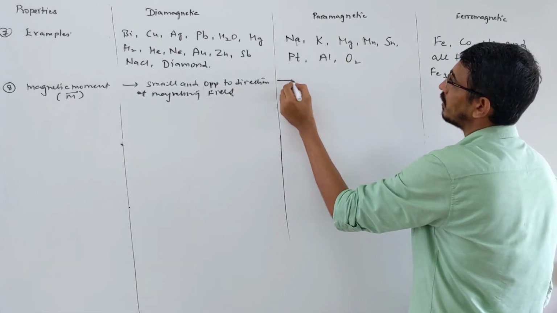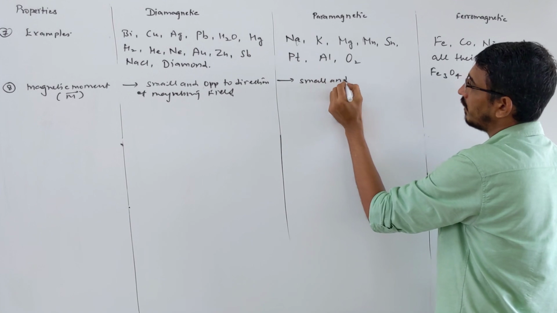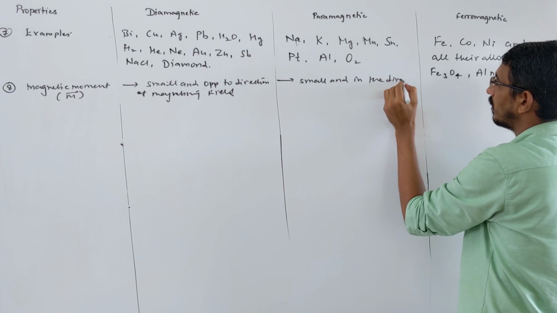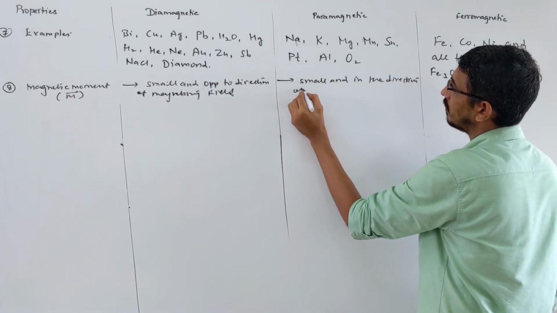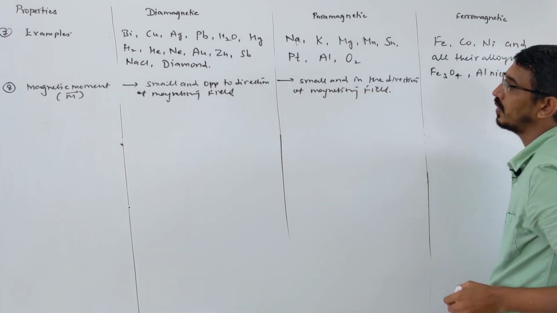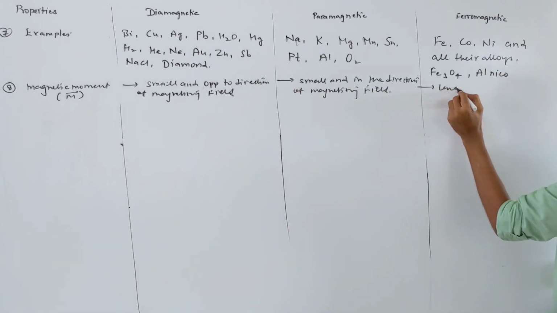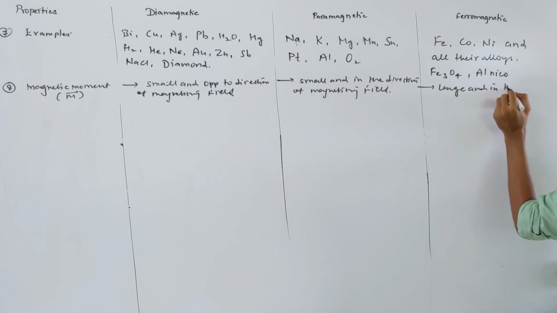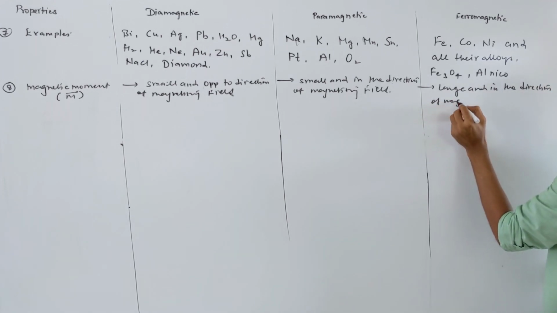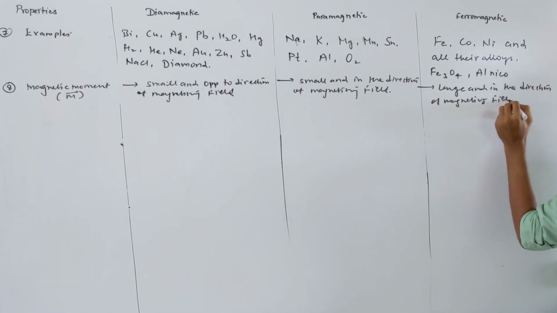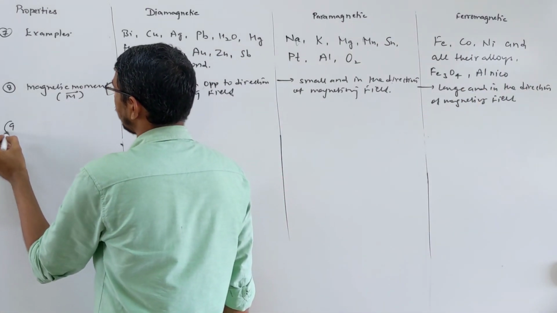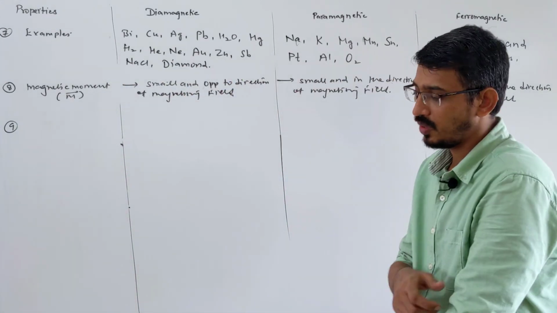Here it's small and in the direction of the magnetizing field, and here it becomes large and in the direction of the magnetizing field. Yes, simple property.